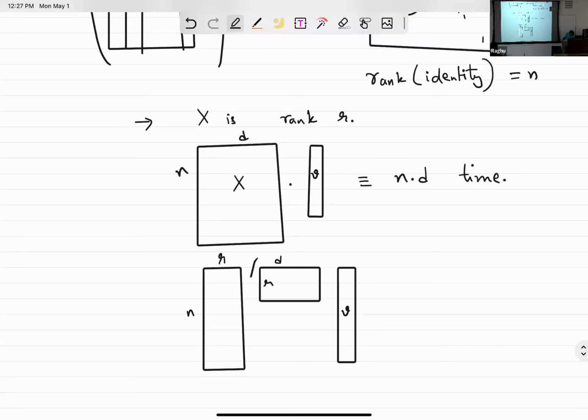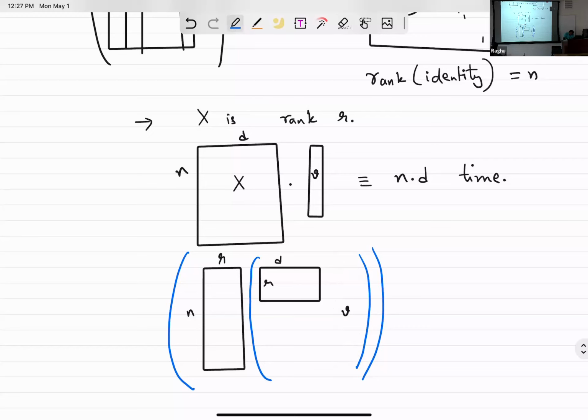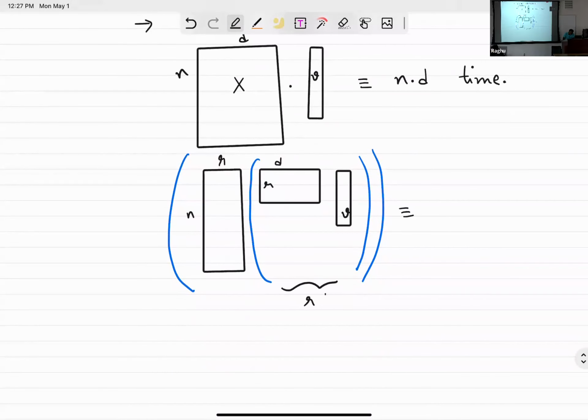So you would basically compute it something like this. First multiply the R by D matrix with the D-dimensional vector. So how much time would you need to compute this? You would need RD.